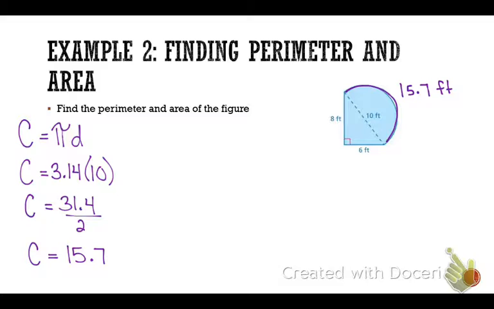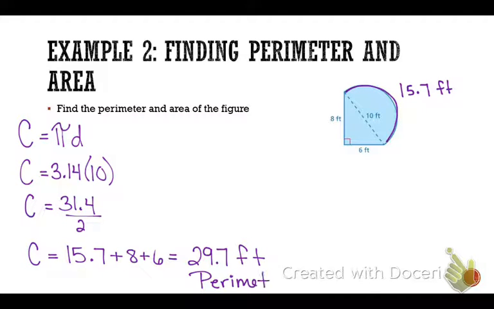You add them all together. 15.7 plus 8 plus 6 gives me 29.7 feet. That is the perimeter, the distance around.